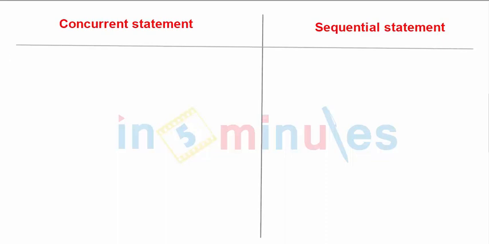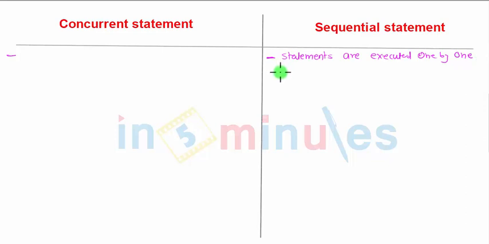So the first point: for the concurrent statement, before concurrent you are more familiar with the sequential part. In the sequential part, the statements are executed one by one, that we all know, in a particular sequence.